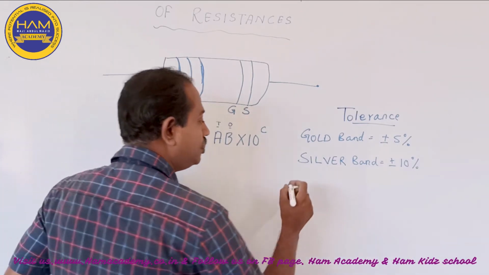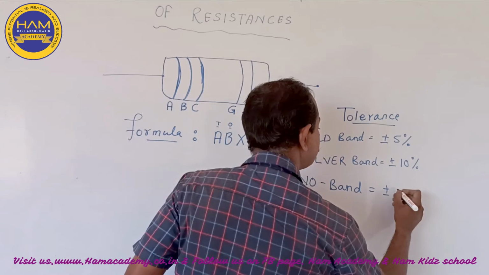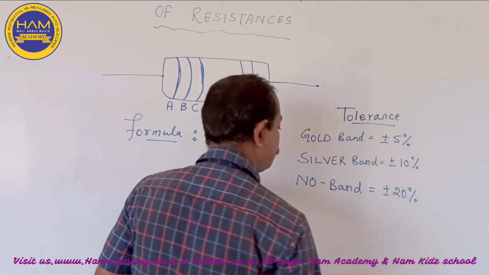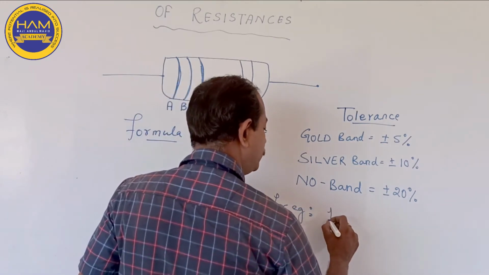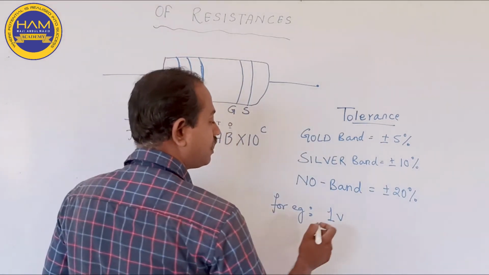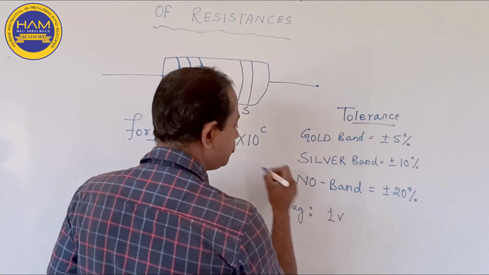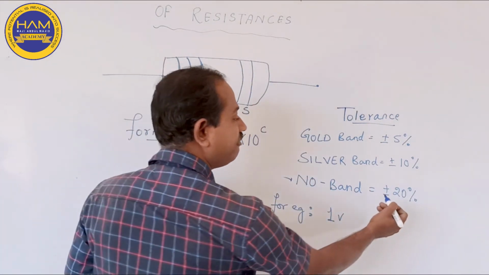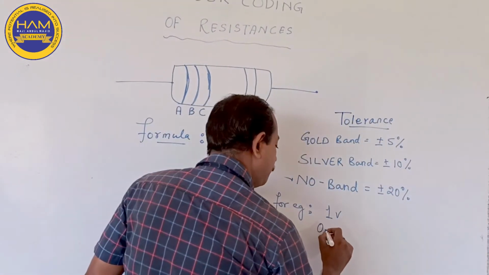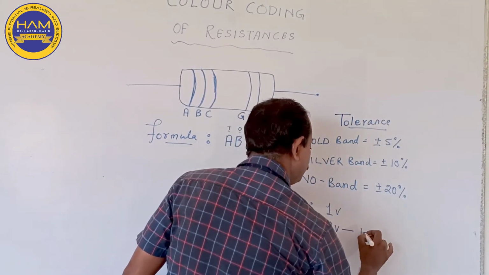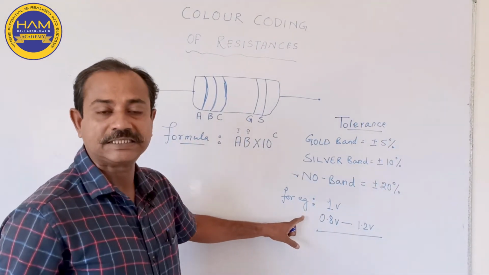If there is no band, then that means there is a plus minus 20% tolerance. For example, if the maximum voltage is 1 volt, and we are using no band, that means it has a tolerance of plus minus 20%. That means the range is 0.8 volt to 1.2 volt. This is the range within which this resistor is going to function.